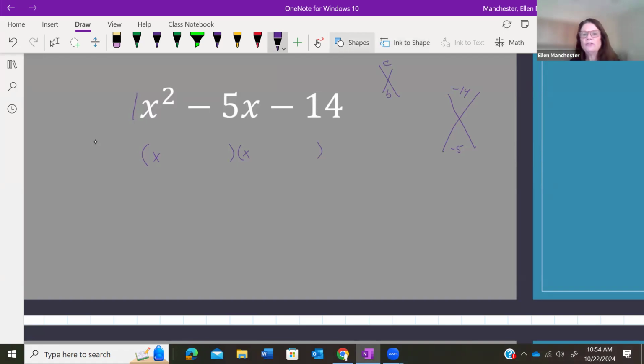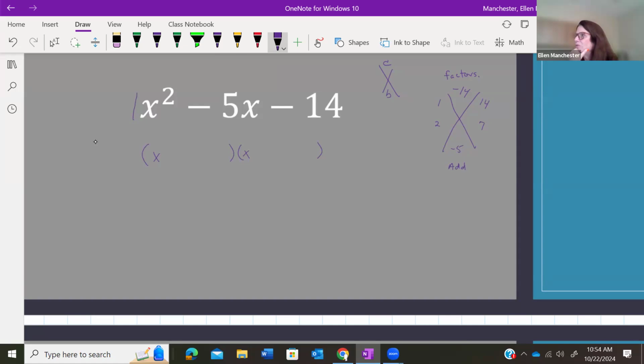Okay, so the questions are, what are the factors? So remember, factors are, what did you multiply to get negative 14? And from those factors, you add to get negative 5. So you always start out with the factors of 14. So 1 and 14, 2 and 7.